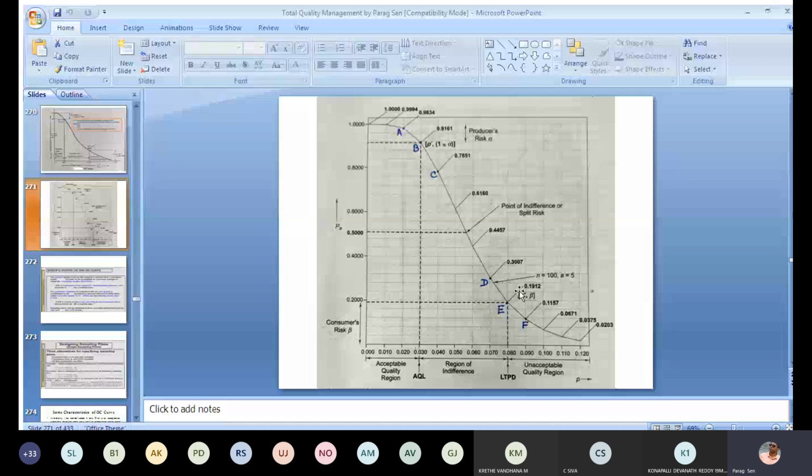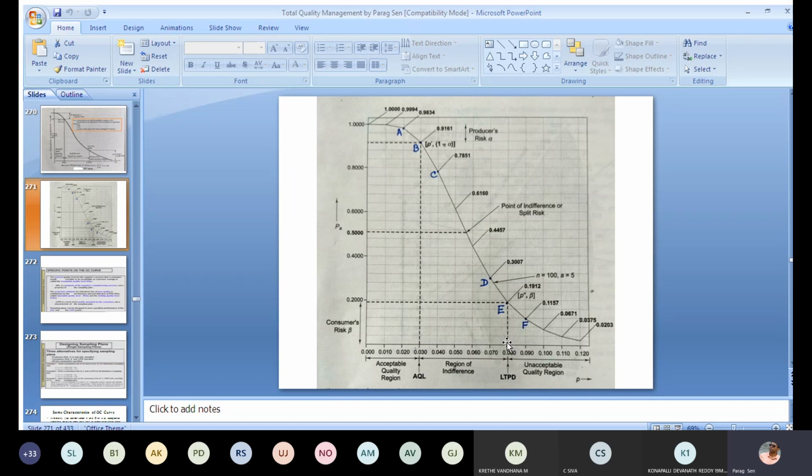Now the consumer and the producer, what they do in practice is negotiate with each other and arrive at two limiting values. I have already told you. So they not only deal with AQL, but also some Y value for the AQL, and also some Y value for LTPD.